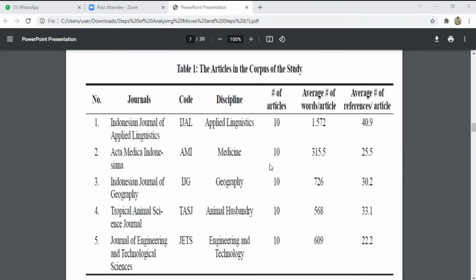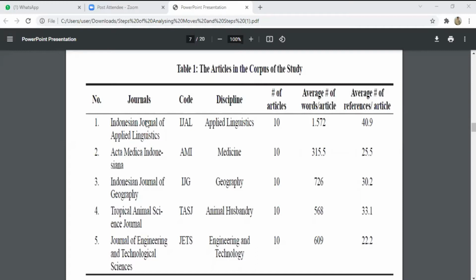This is not for the whole article; this is only for the introduction, I think, or the discussion section, not for the whole article. And the average number of references or citations per article. You see, there are differences.